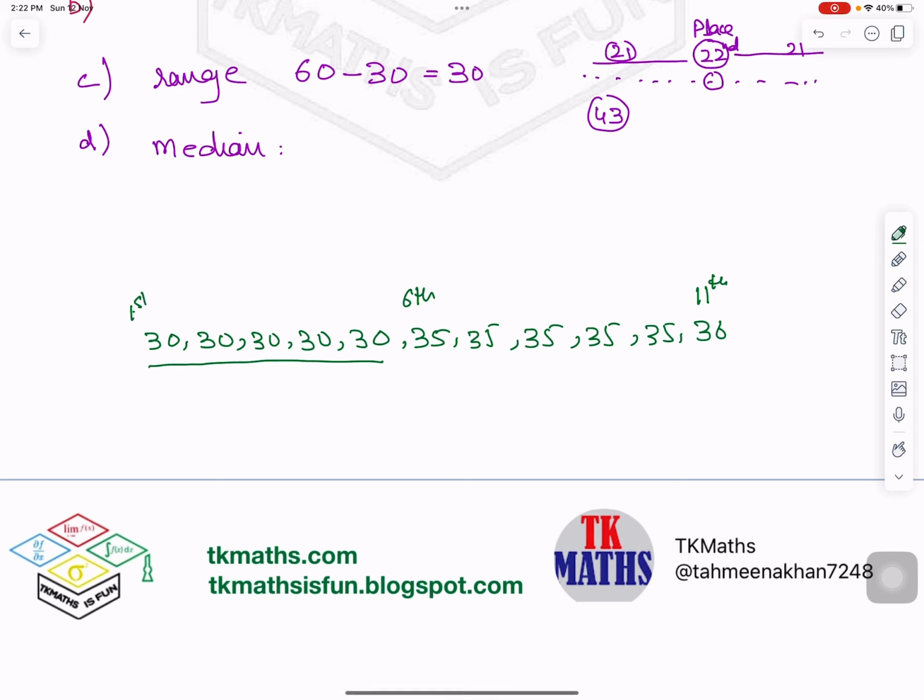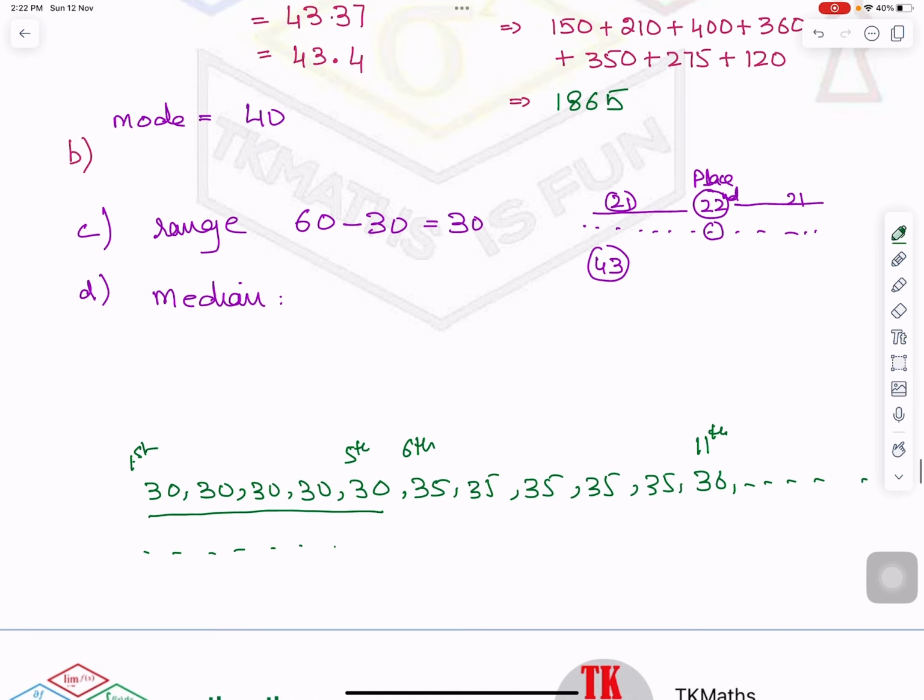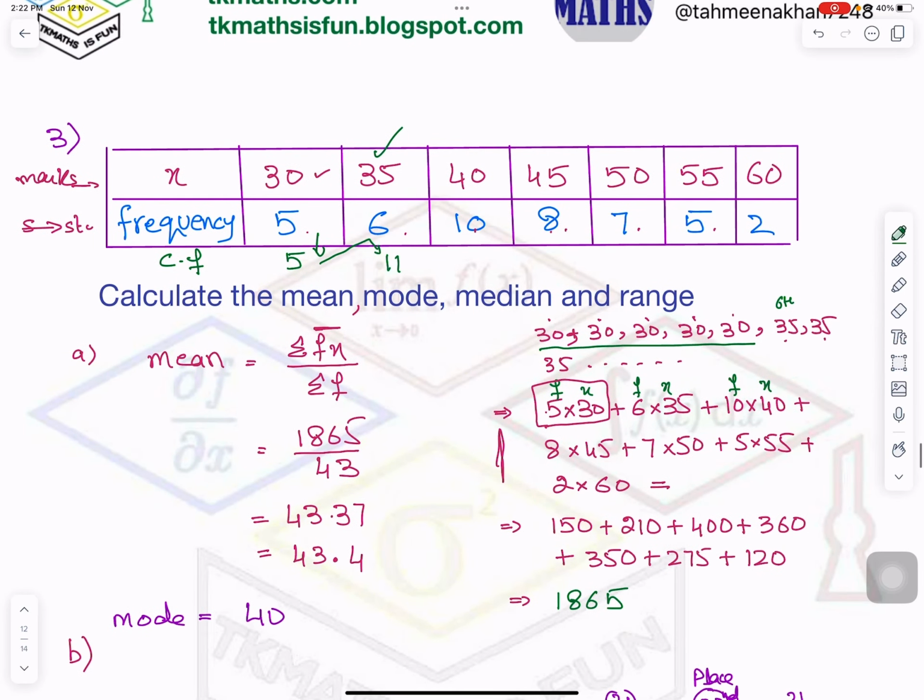This is 1st place to 5th place, and so on. The rest I'm not writing here. I can't write 43 data here. So the point here is if 1st to 5th place is 30, then 6th place to 11th place is 35, then from 12th place onward it is the next data.